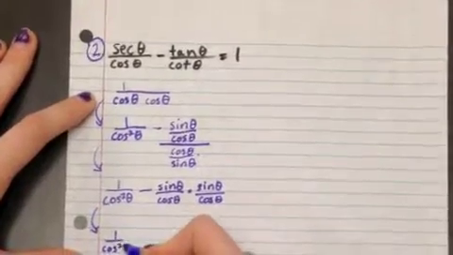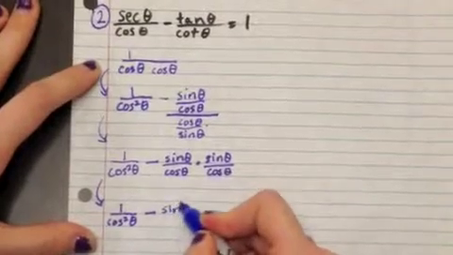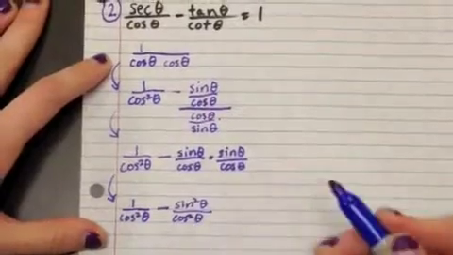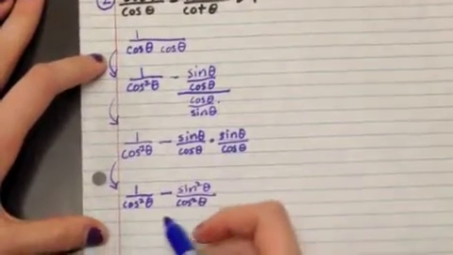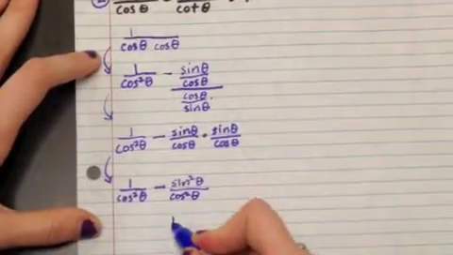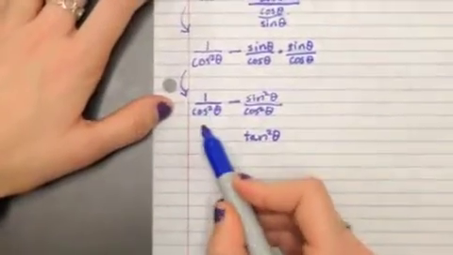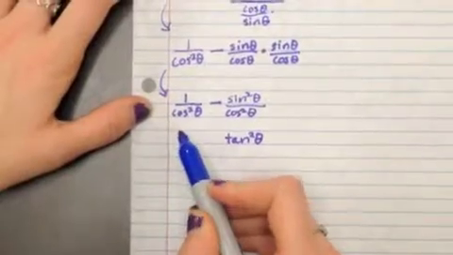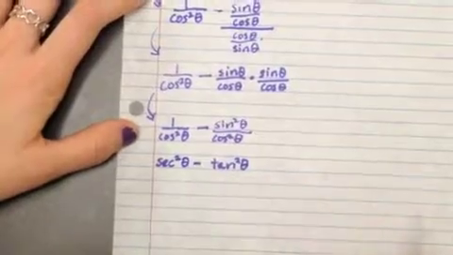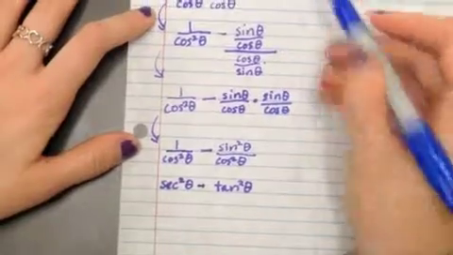So we have 1 over cosine squared theta minus, and this becomes sine squared theta over cosine squared theta. And we can also rewrite this sine squared theta over cosine squared theta as tan squared theta. And we can rewrite 1 over cosine squared theta as secant squared theta. And then we're going to bring down the equals 1.